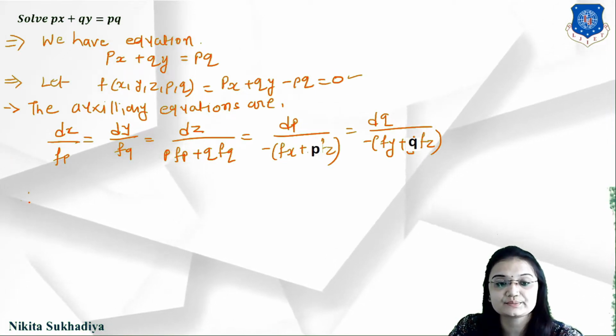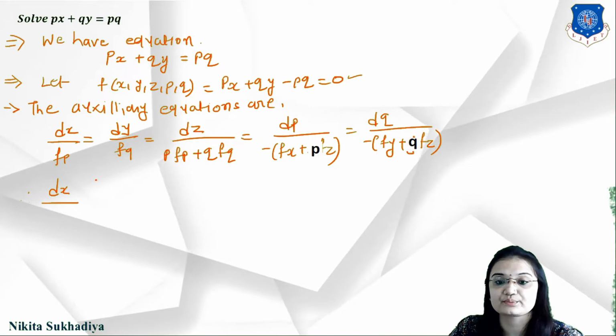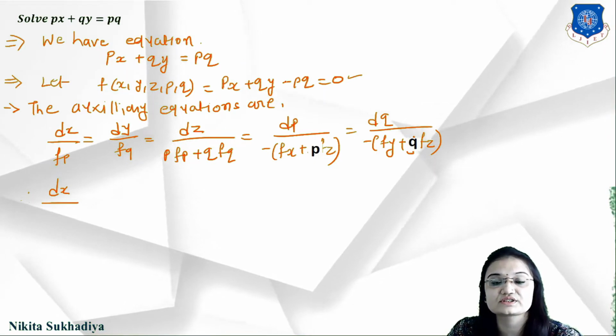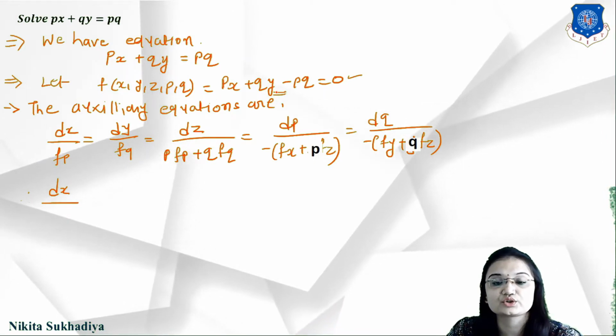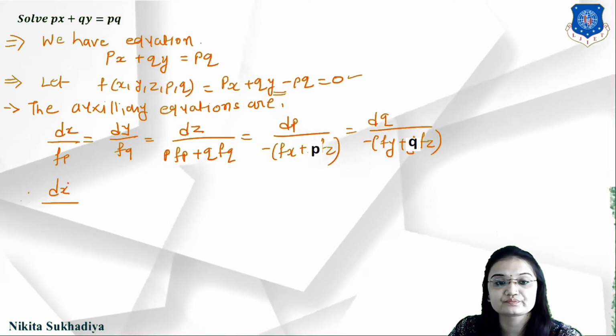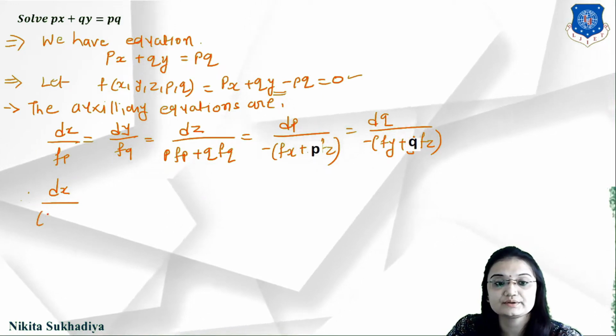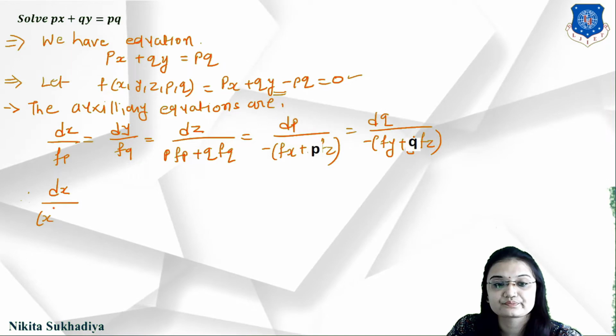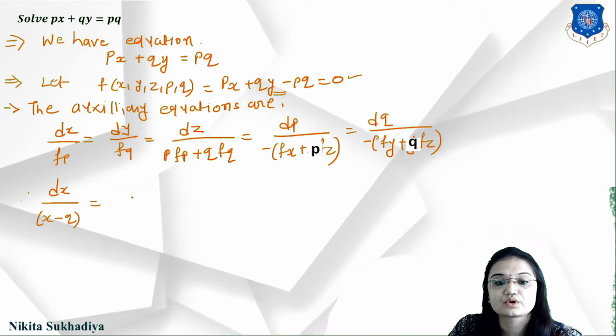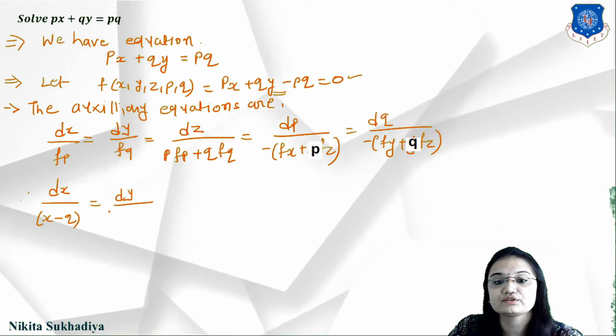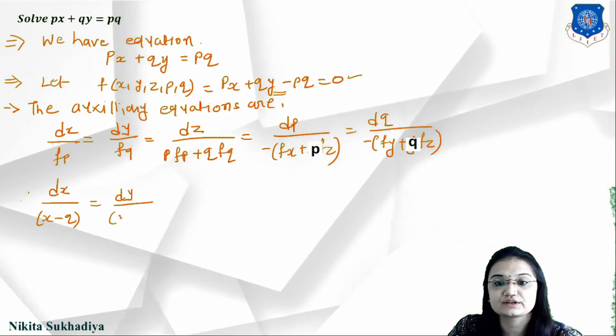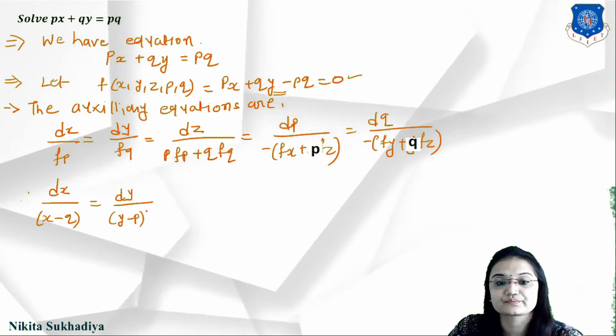Okay, so now we have dx upon, the derivative of this equation with respect to p, so we will get x - q, equals dy upon the derivative with respect to q, so we will get y - p.